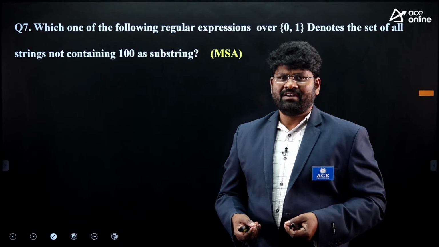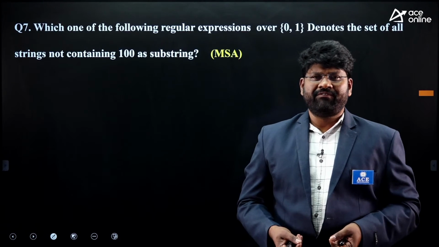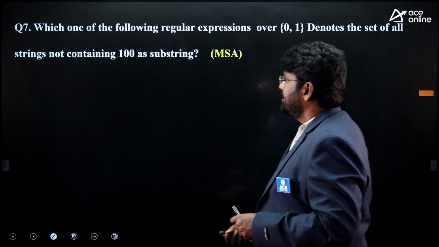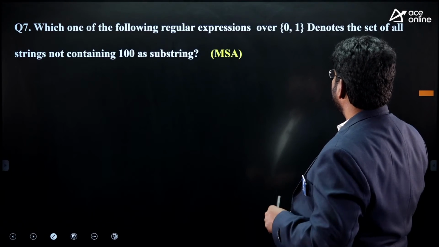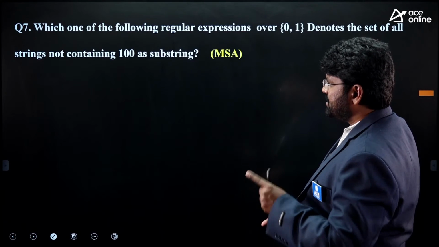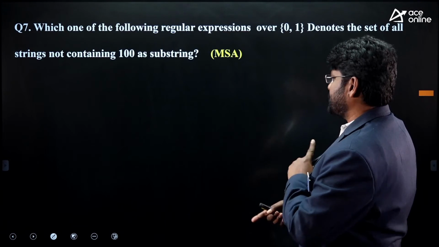This is the question on determining the correct regular expression for a given regular language. Take down the statement here. Which one of the following regular expressions over 0, 1 denotes the set of all strings not containing 1 0 0 as a substring?